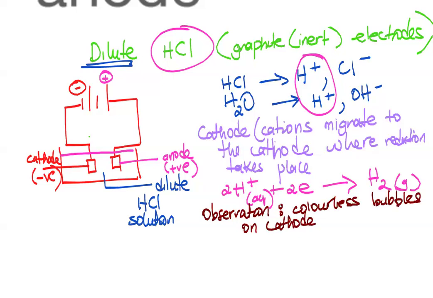Let's do the anode now. At the anode, anions are attracted to the anode, which is a positive electrode, and oxidation takes place here.